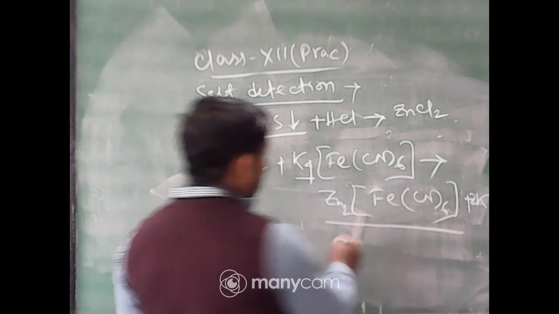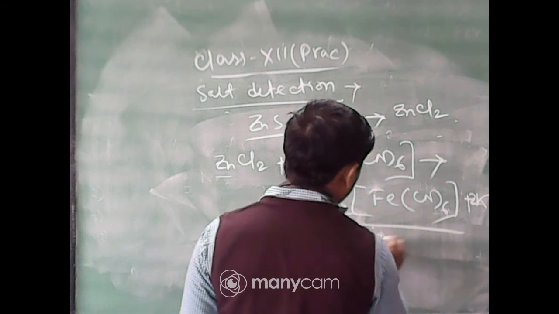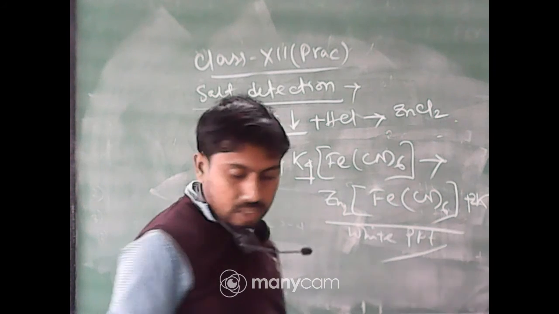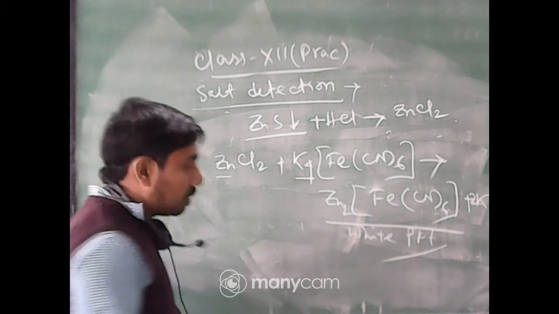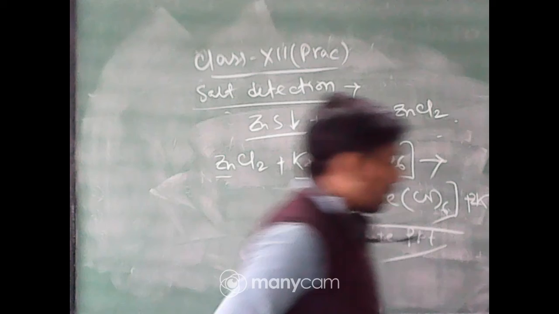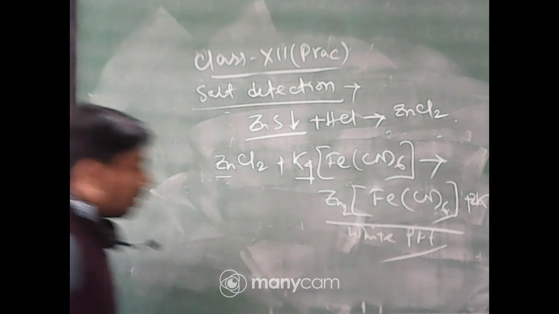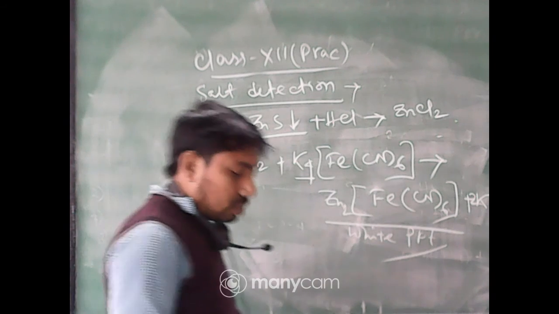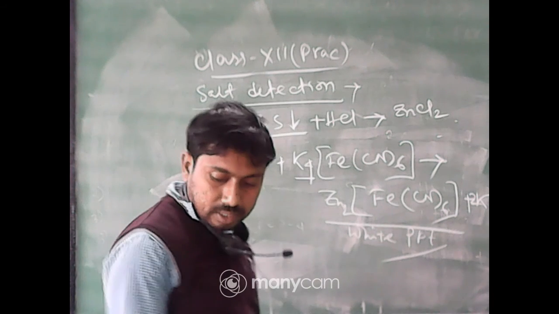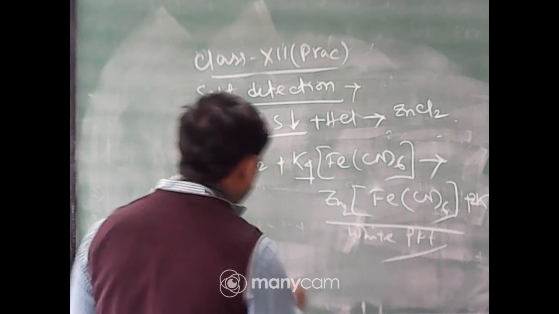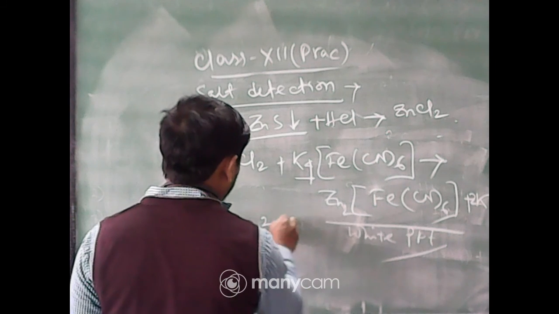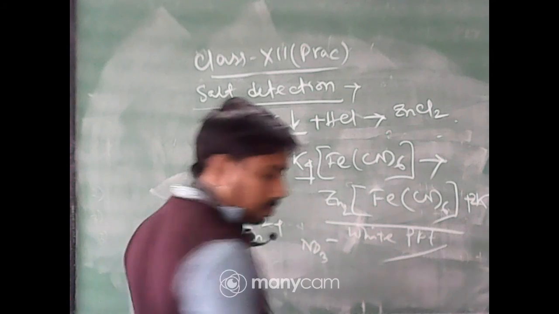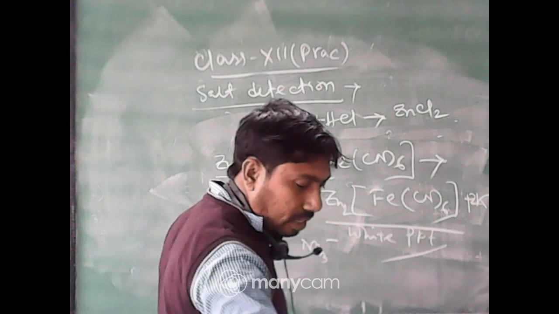This is the white or bluish white PPT. Okay. So these are the reactions involved in this particular sample. So, understood everyone? The ultimate conclusion is that the sample contains Zn2+ and NO3 minus, as cation and anion.